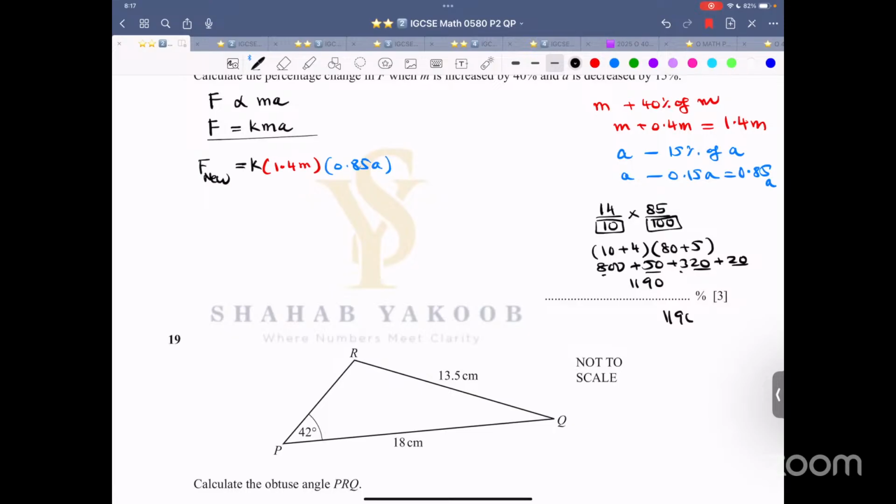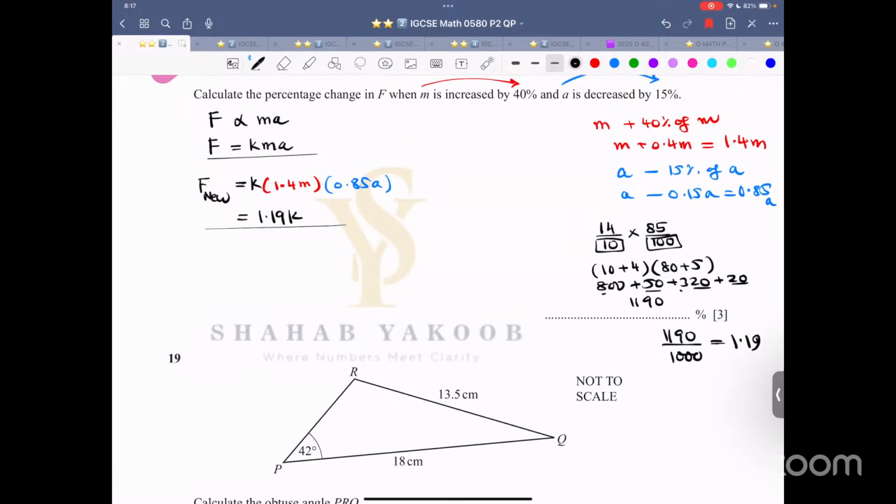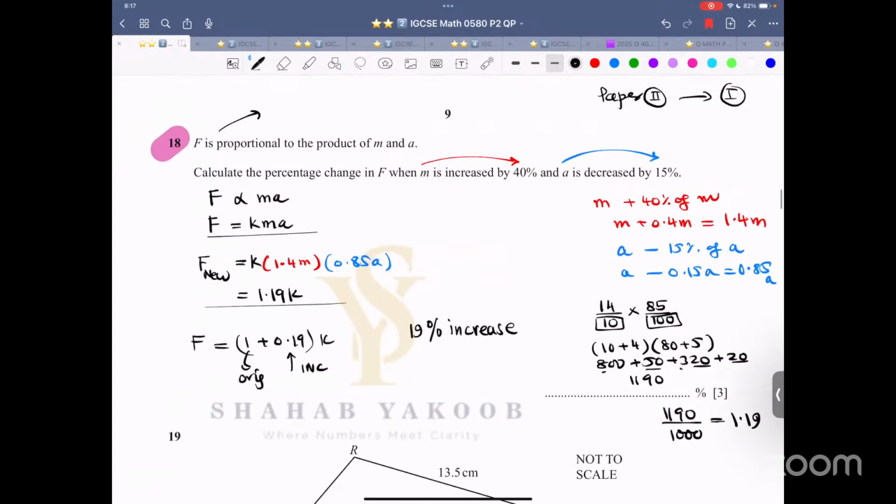So 1190 divided by 3 zeros is 1.19. So this is 1.19K. Got the idea? Basically, F is 1 plus 0.19, so this is the original and this is the increase. So 0.19 means 19% increase. A very nice question. Expect something like this, maybe a simple version in your exam tomorrow.